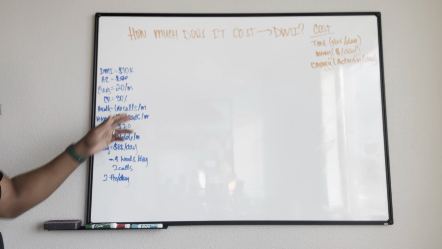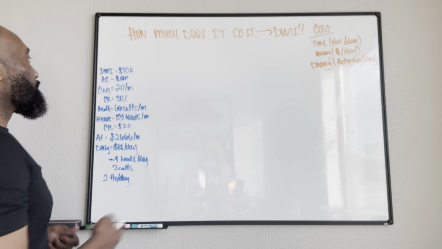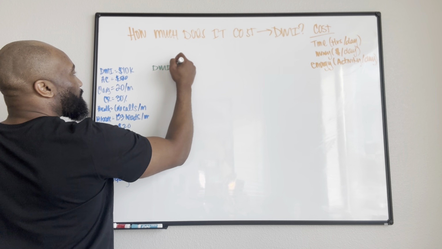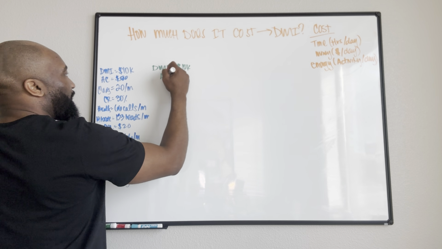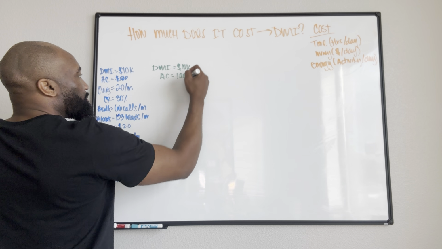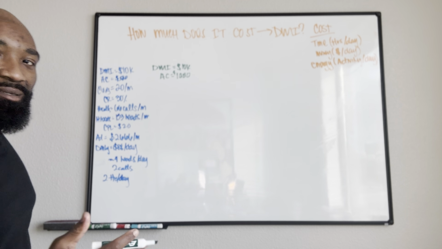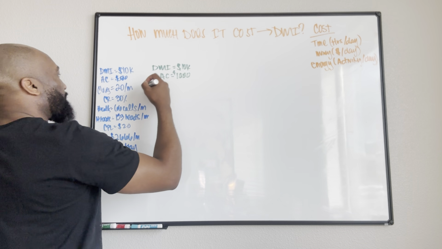Now let's consider a scenario where they make more money per close. Let's say they make $1,000 per close. Desired monthly income is still 10K, but their average close is now $1,000. Okay, so that changes things a little bit, right? First thing it changes is that your number of closes drops significantly.